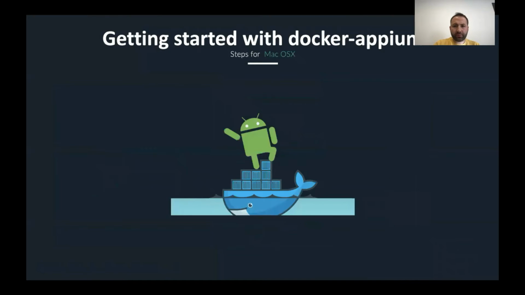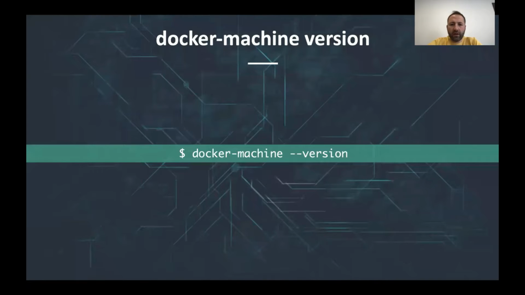Good. So, getting started with Appium Docker. I will present the steps that you can follow easily to create the same environment. These steps are shown for macOS, but for other operating systems it will be similar, and you can find the steps for yours.